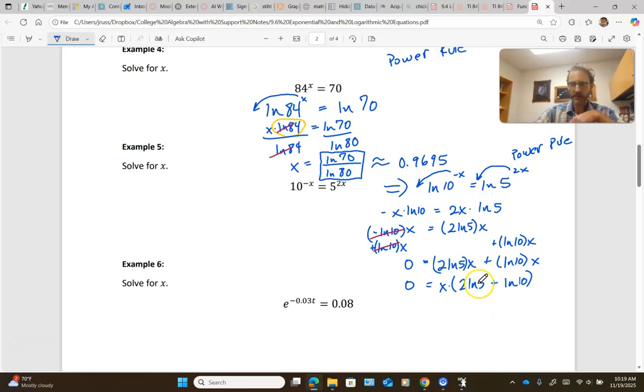And so just like normal, when x is being multiplied by some number, you just divide both sides of the equation by that number. Well, in this case, it's this weird irrational number. Okay, it's all of this that's in parentheses. So we have to divide both sides by that.